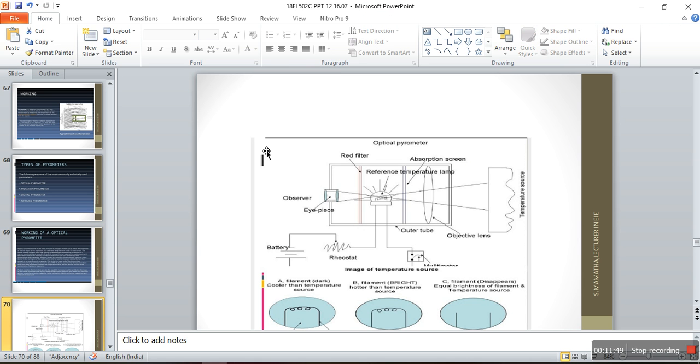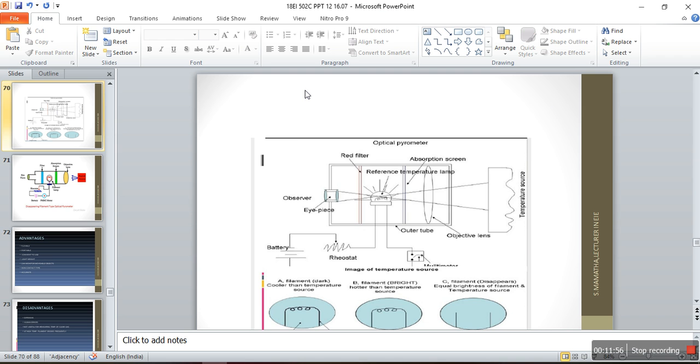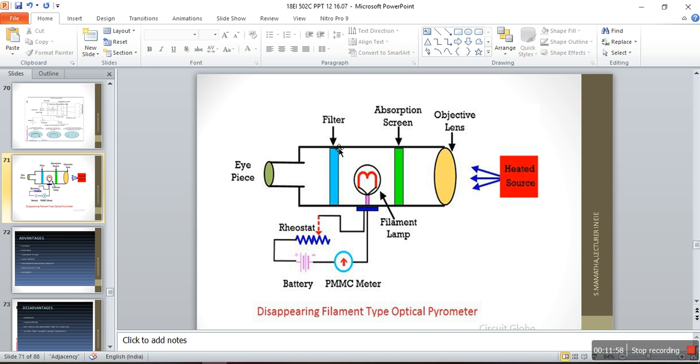This is the structure of the optical pyrometer. Here our eyepiece will be lying here, and the heated source whose temperature we want to measure will be here.